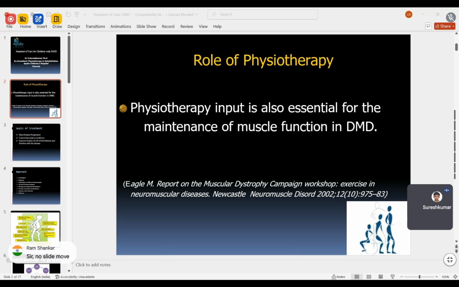You have to look for alternate ways of educating them, and most importantly, they need proper follow-up. So, as I said, the patient with Duchenne muscular dystrophy needs a team approach. Diagnosis, rehabilitative management, cardiac management, pulmonary management, nutrition management, orthopedic and psychosocial management are the main keys.